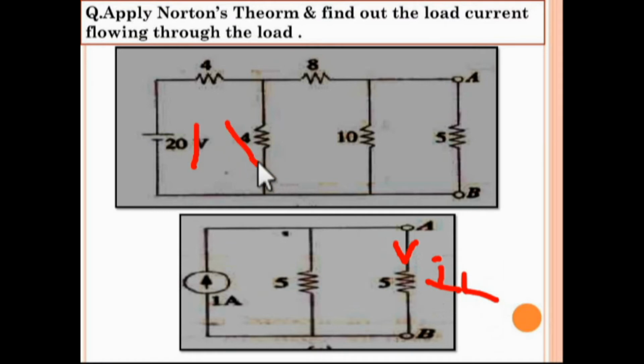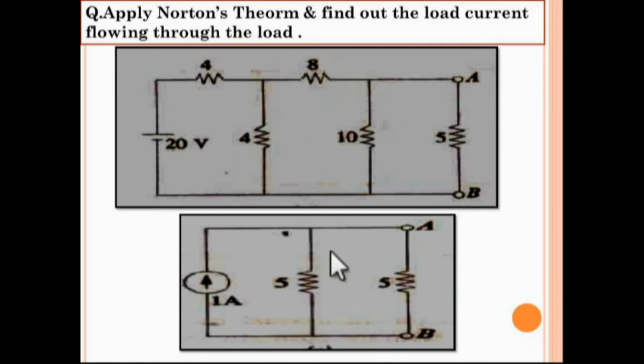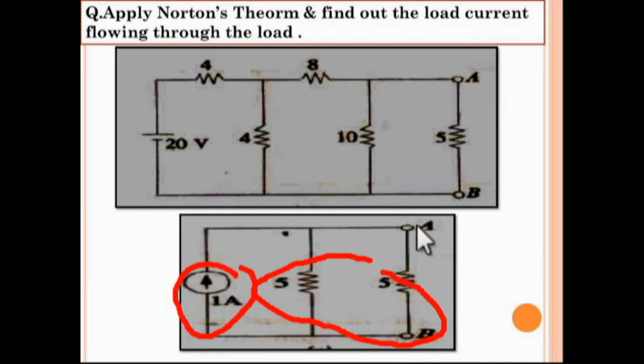Total current 1 ampere into 5, this resistance will be written over here first, 5 / (5 plus 5). ओके so guys आप अंदाजा लगा सकते हैं क्योंकि ये current divide होगी half half में, so 0.5 ampere वैसे answer है. Or you can guess because the values of resistances are the same, so this 1 ampere current will be divided half in these resistances, so the value of load current will be 0.5 ampere.